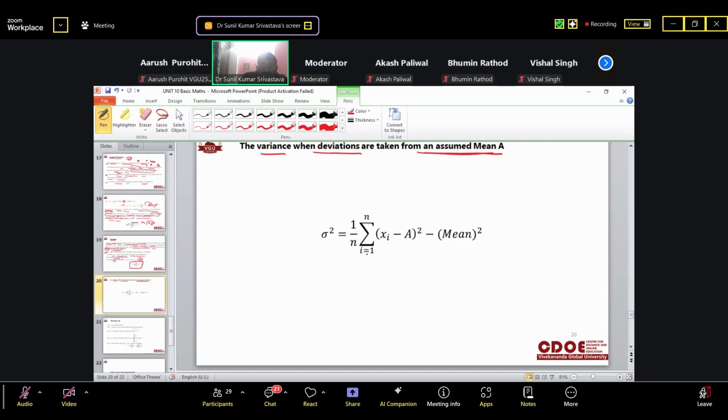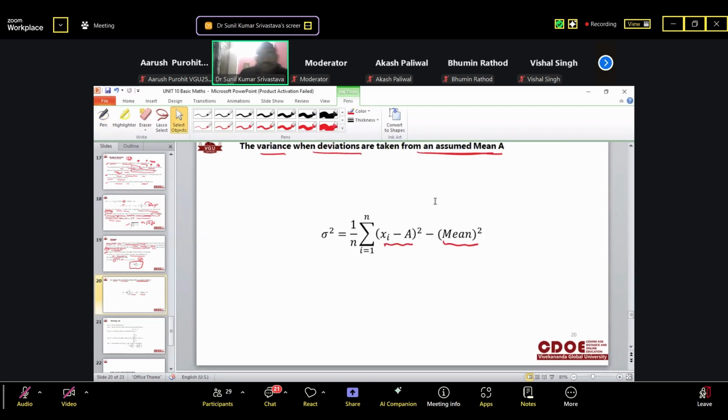So 1 by n, summation of (xi minus A) square, minus the (mean minus A) square. That is the formula when taken about an assumed mean. We are going to use the assumed mean method here, so these are the formulas we are going to use.